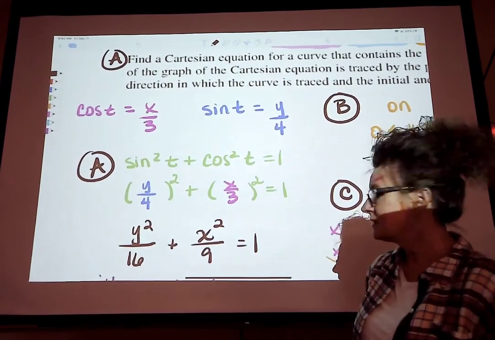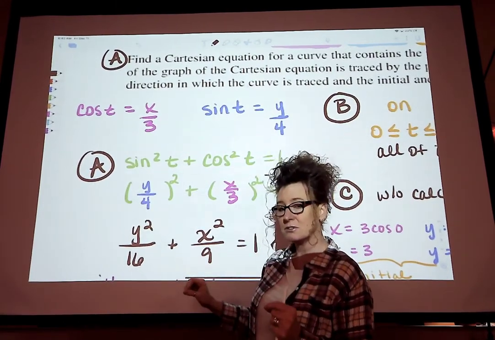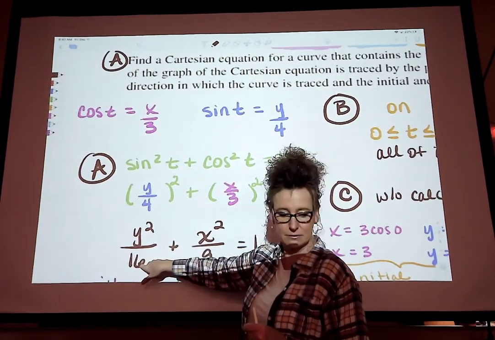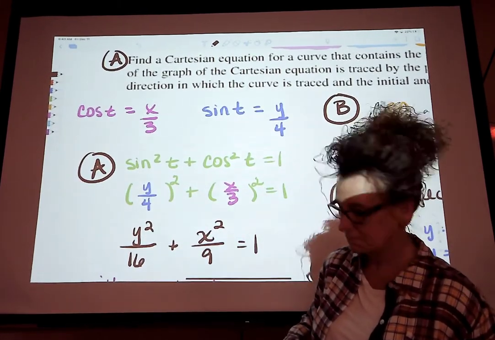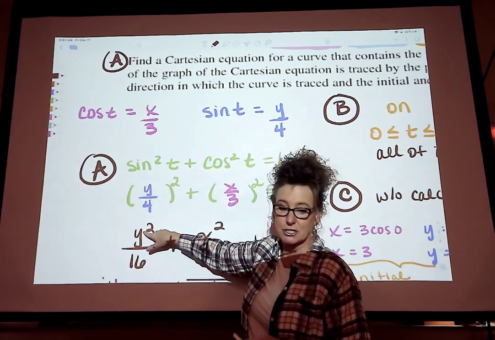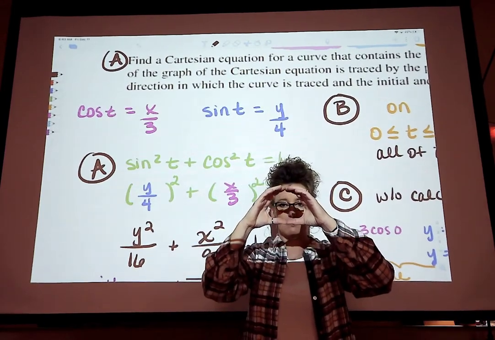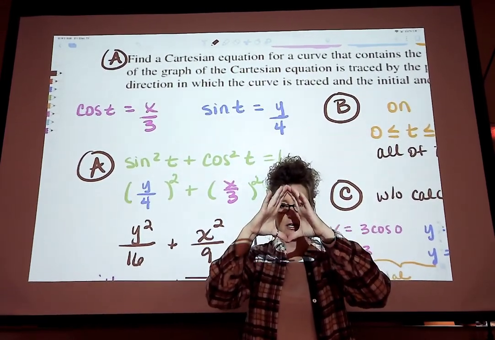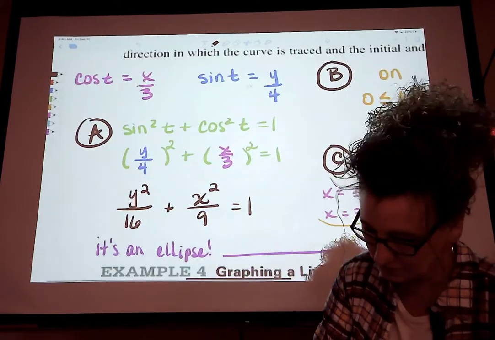If you don't recognize this, since they're different, it's similar to a circle but more stretchy in the y direction. So it's an ellipse.